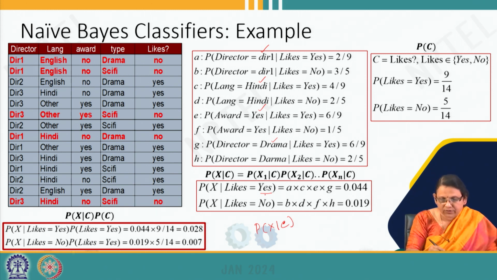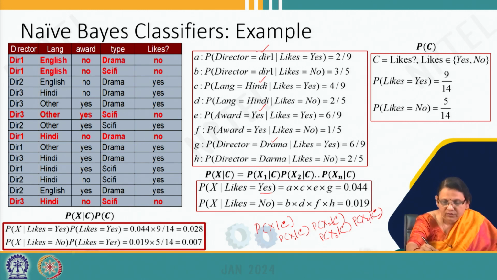When we compute for yes, we have to find out the probability of X1 given C, multiplied by the probability of X2 given C, the probability of X3 given C, and the probability of X4 given C. Here this is X1, this is X2, this is X3, this is X4. So, X1 given likes equal to yes, X1 given likes equal to no, and so on.